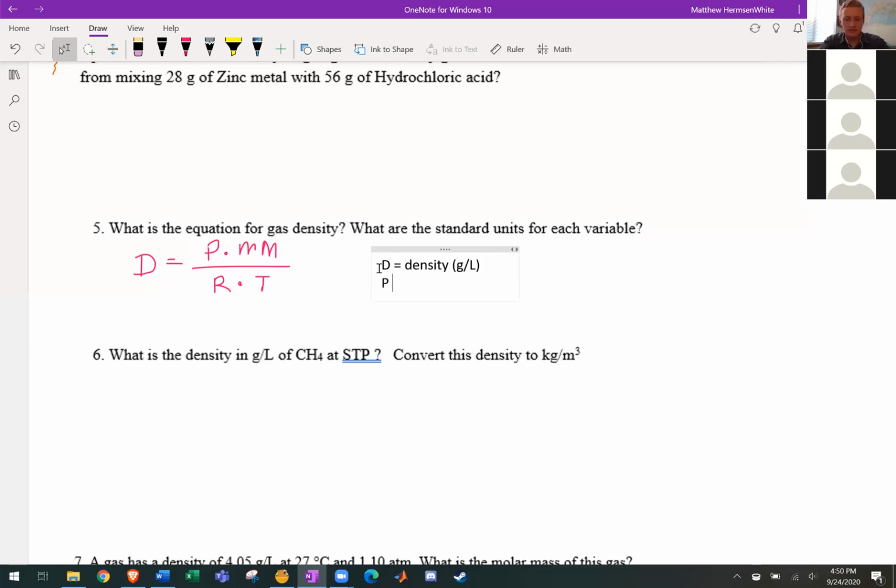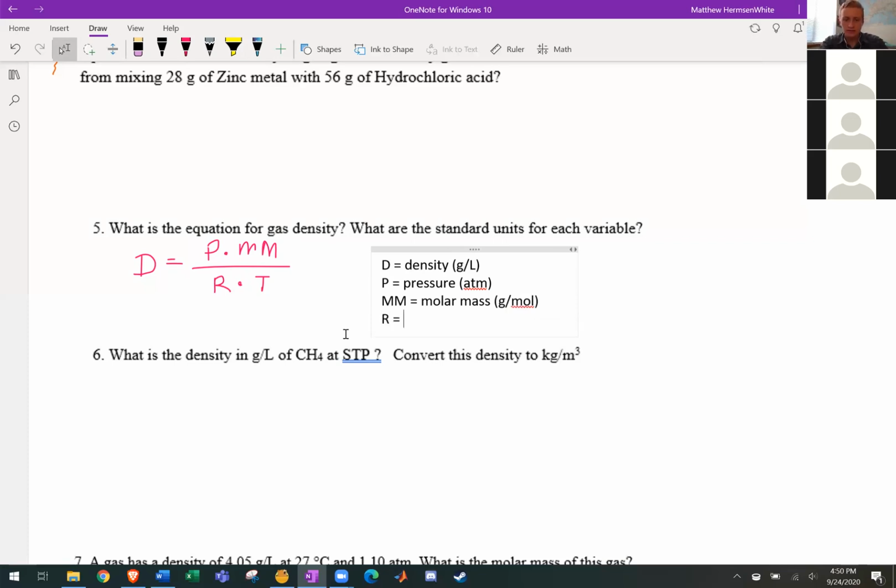The P is still pressure, and this is in atmospheres. MM is the molar mass, and we know the units of that are grams per mole.